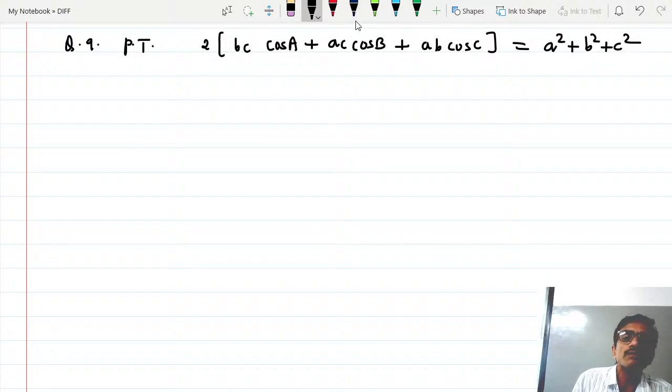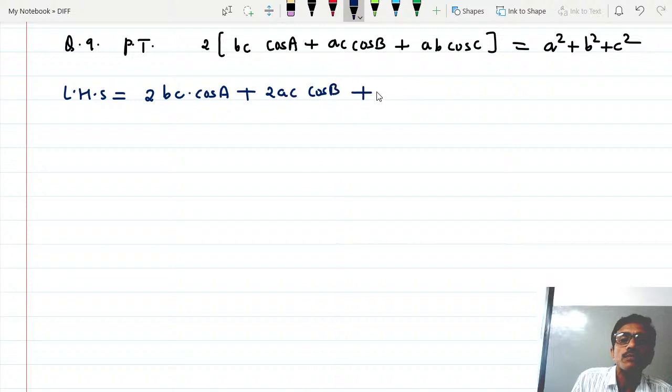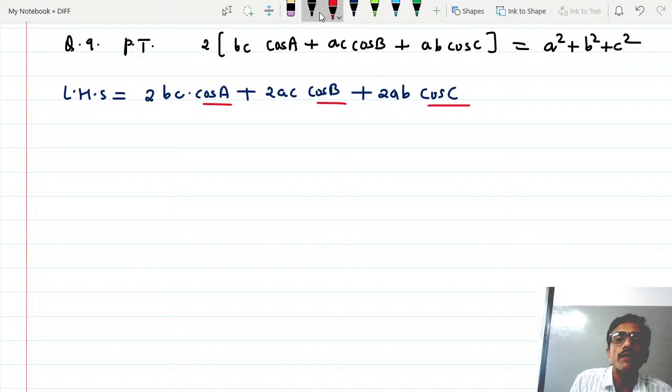Solution: LHS is equal to, this 2 we take inside the bracket, 2bc cos A plus 2ac cos B plus 2ab cos C. Now see here, cos A, cos B and cos C. This is equal to 2bc cos A. What is cos A?